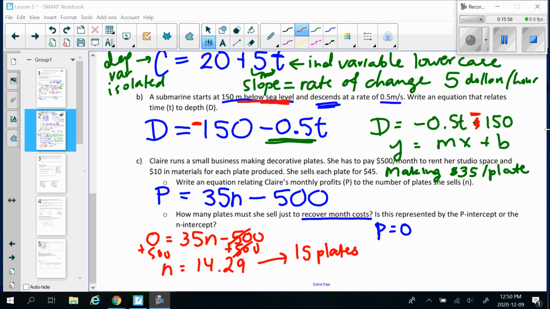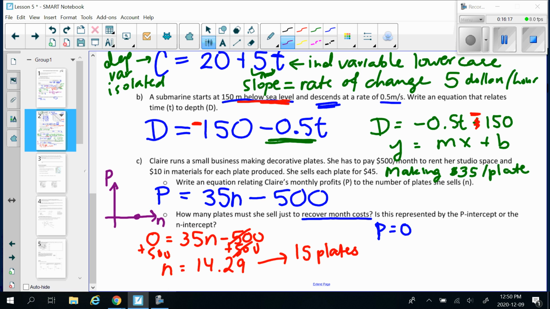I have not finished this question because the next part asks, is this represented by the p-intercept or the n-intercept? So firstly, if I wanted to figure this out, I'd have to think, okay, wait a second. P is profits, because the profit depends on the number of plates sold. And P is equal to 0, and N is equal to 15.